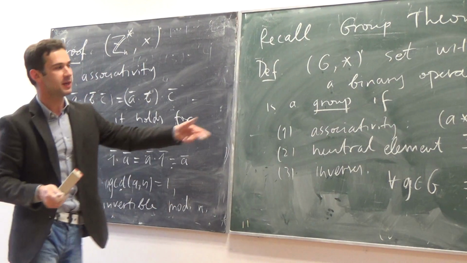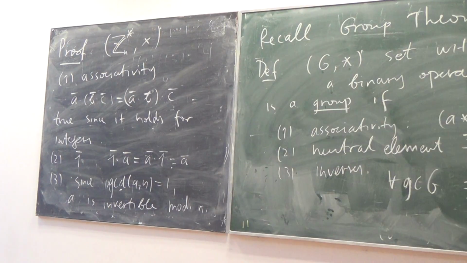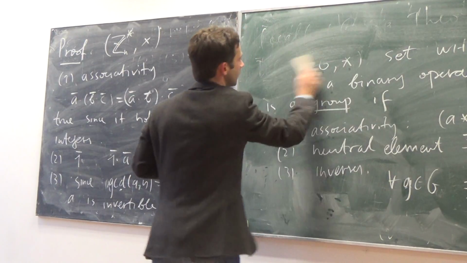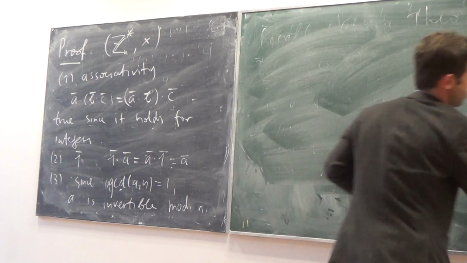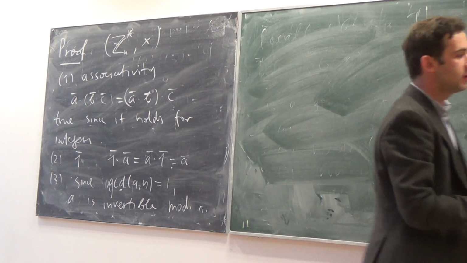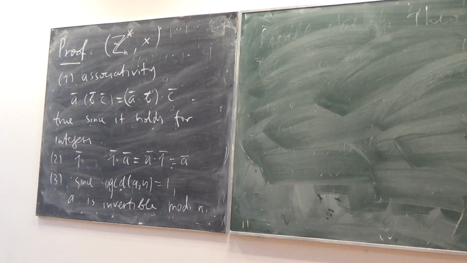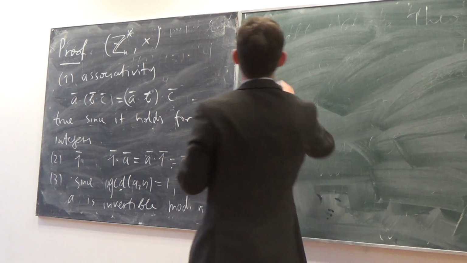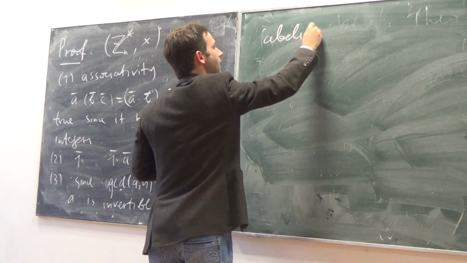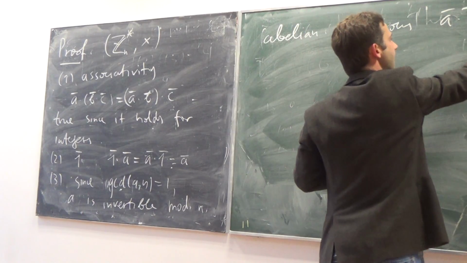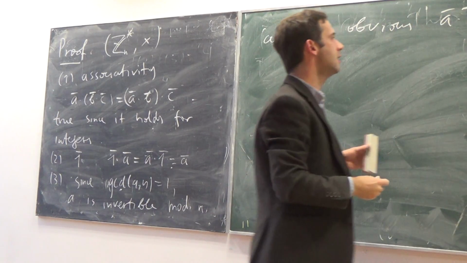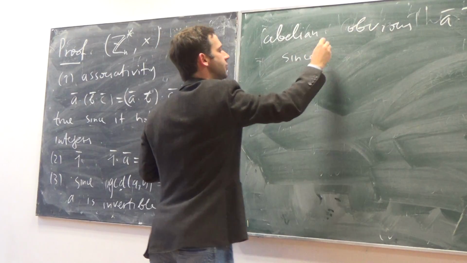Invertible mod n means having an inverse precisely in this group under multiplication. So we restrict to this condition precisely to make this into a group. Okay, now abelian, this is obvious again because AB is BA since it's true for integers.